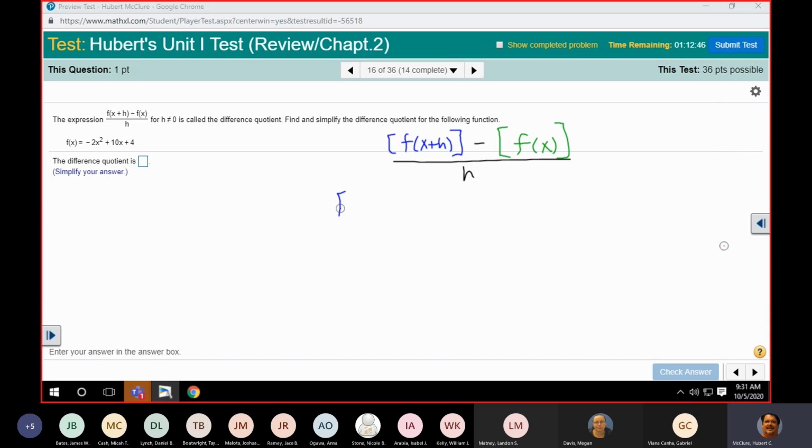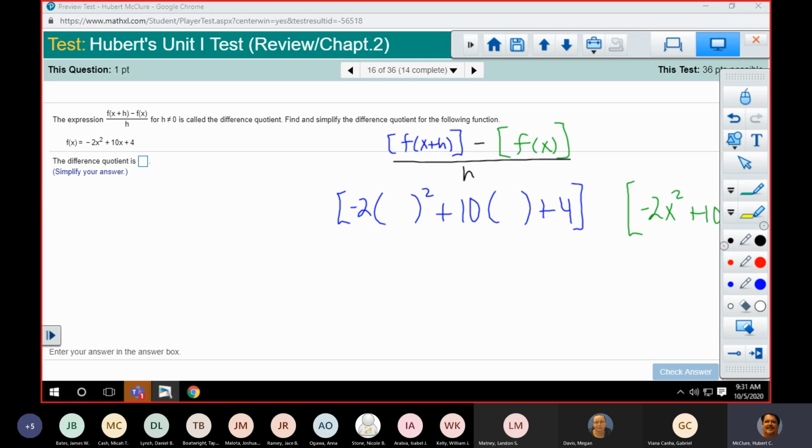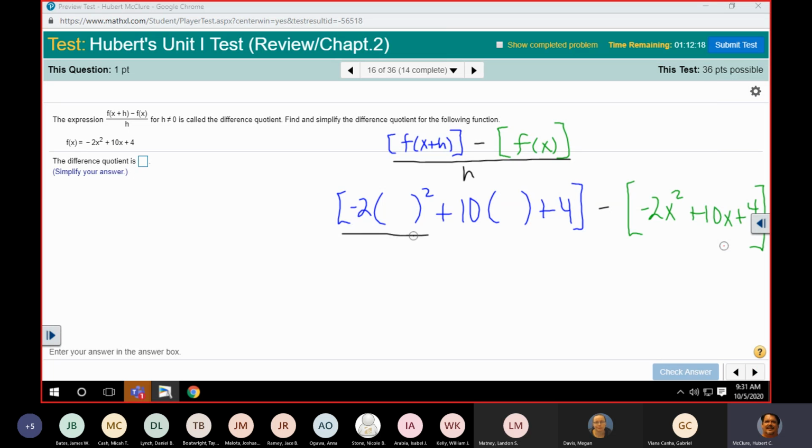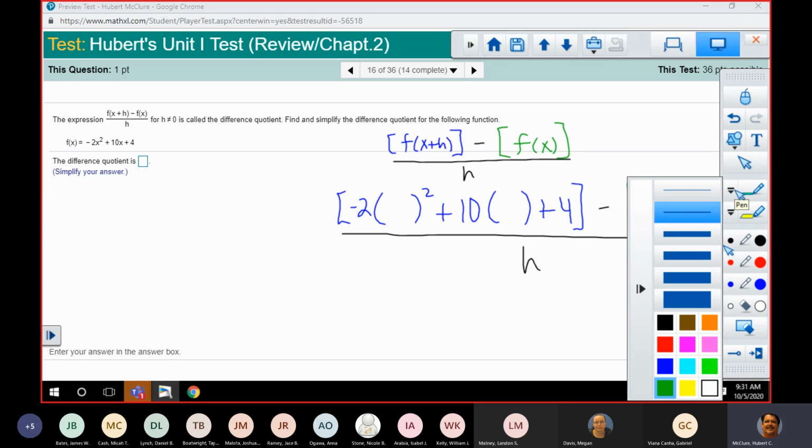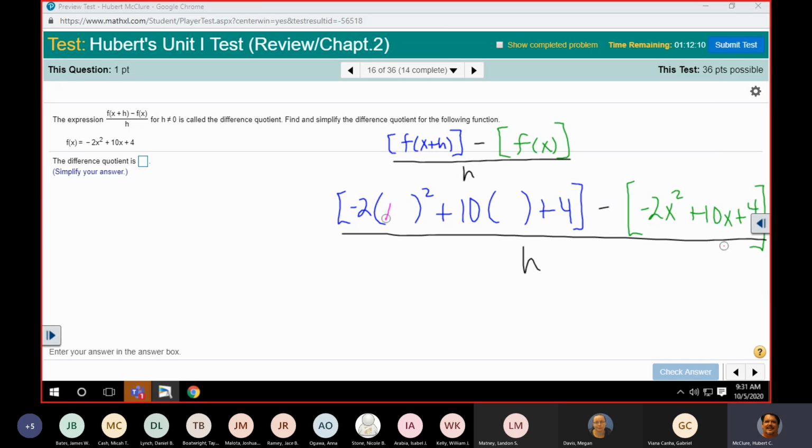So I'm going to rewrite -2 parentheses squared plus 10 times parentheses plus 4. And then write f of x over here, which is -2x squared plus 10x plus 4. And I'm going to put a minus in the middle and an h on the bottom. And then plug in x plus h.